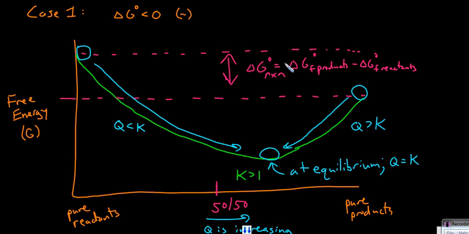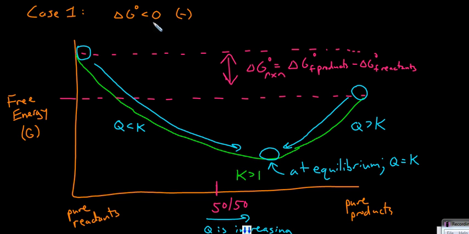You see, I'd like to draw out a case of the free energies of our compounds as the reaction proceeds, during reaction progression, where we're going from pure reactants to pure products on the right. Now, consider a case first in which we have a negative delta G standard. That is, the reaction is spontaneous.